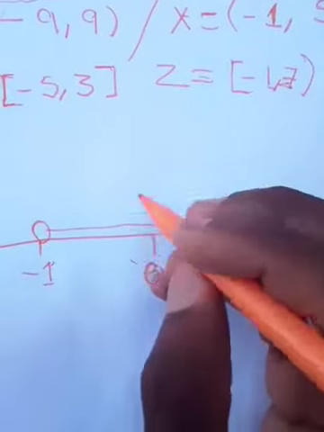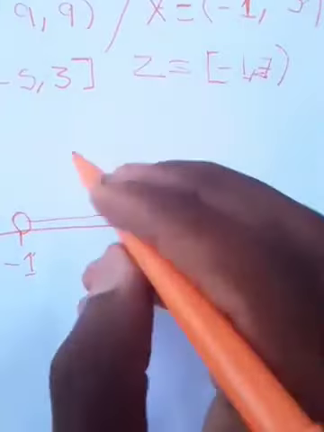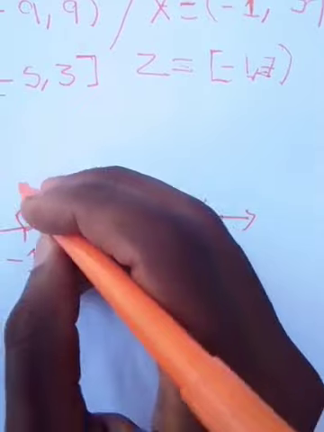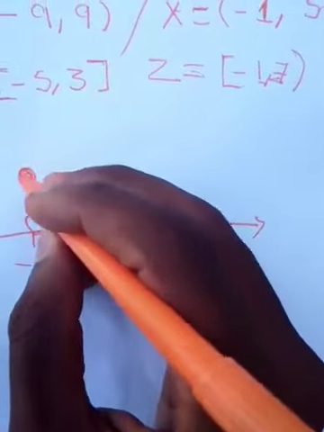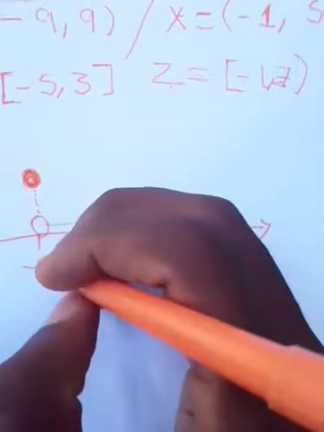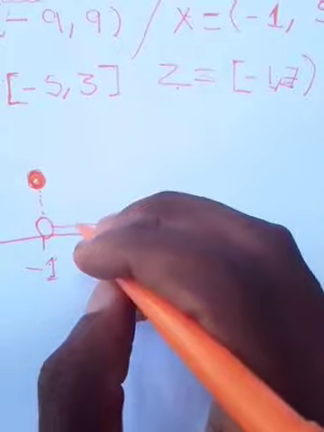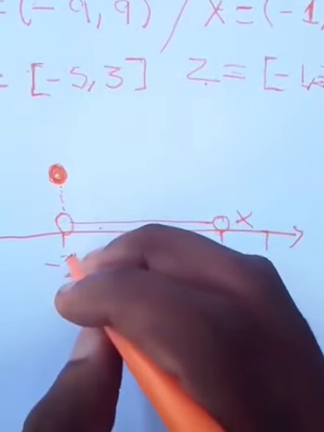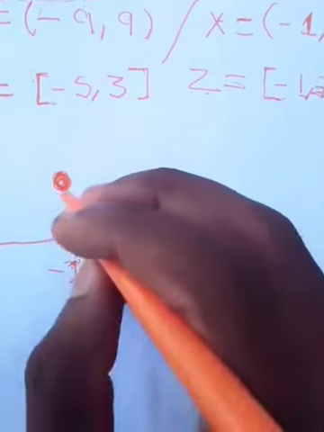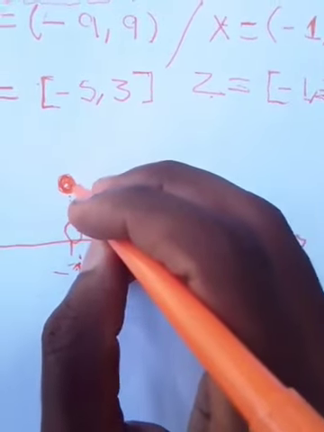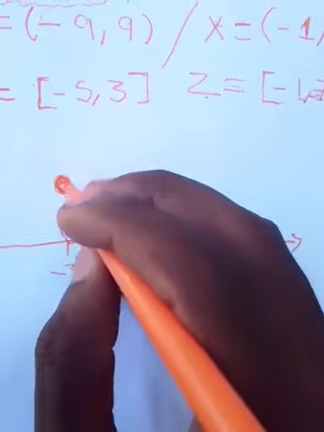So now let's show our z, from negative, the same negative here, but this time it will be shaded. Okay, so for z, negative is part of the set, but for x, this negative is not part of the set. Okay, so you're going to say it is moving from -1 to 7, right?